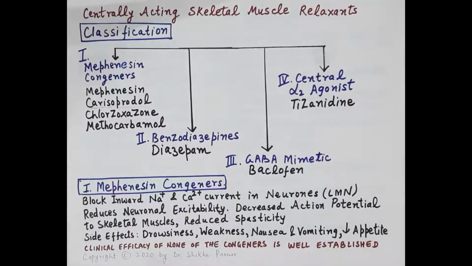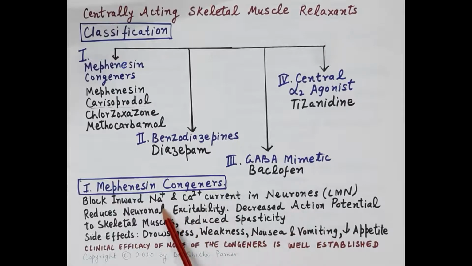So first we will talk about the mephenesin congeners. They block inward sodium and calcium current in the lower motor neuron. That means these drugs cause reduced influx of sodium and calcium ions in the lower motor neuron.